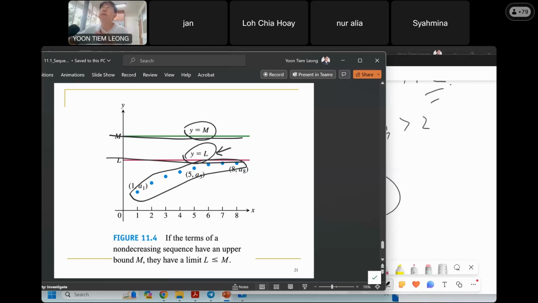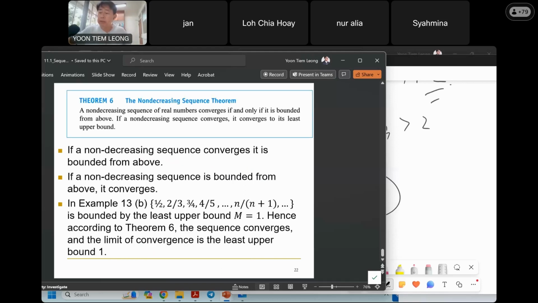Now, once you have understood what is meant by a non-decreasing sequence, the upper bound of a sequence, and the least upper bound of the sequence, then you can understand theorem 6. Theorem 6 is applied to a non-decreasing sequence.